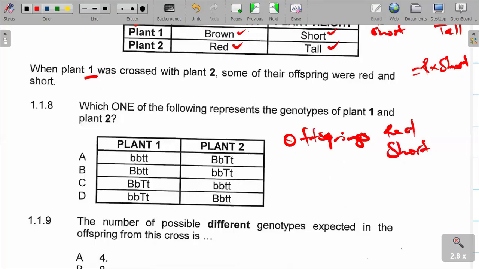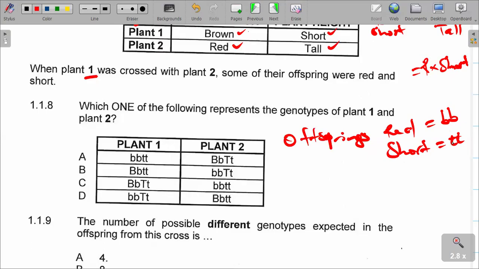Both of these characteristics are recessive alleles. For them to be red, red is recessive, and for short, it is also recessive. We should have homozygous recessive like that.